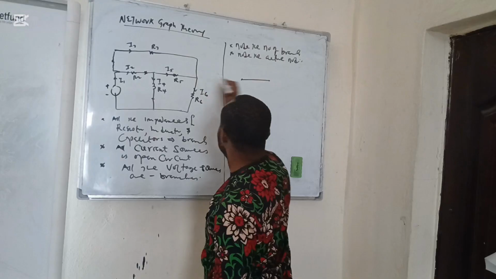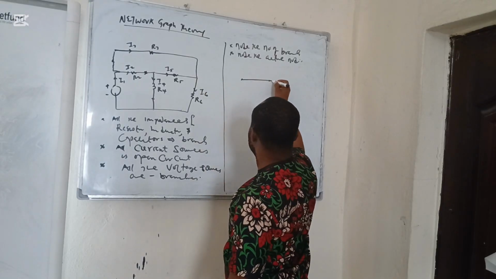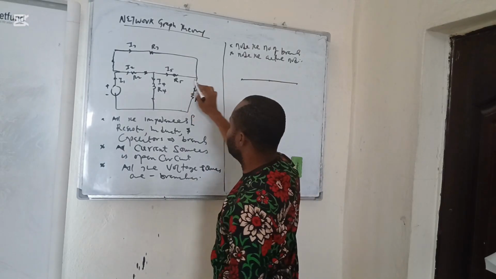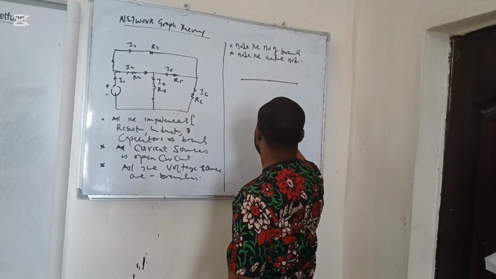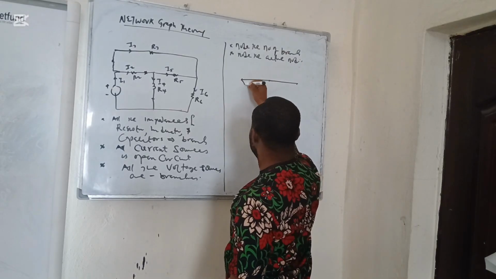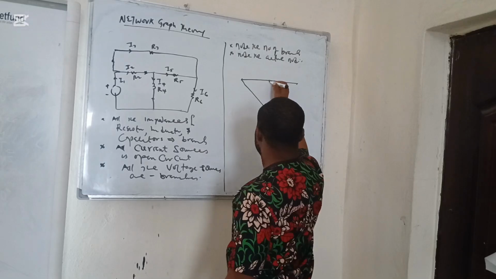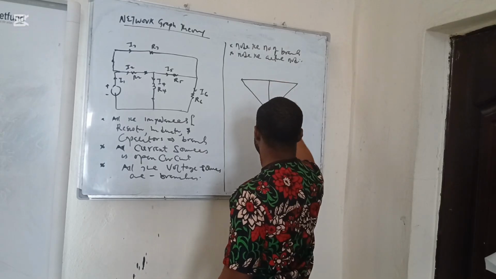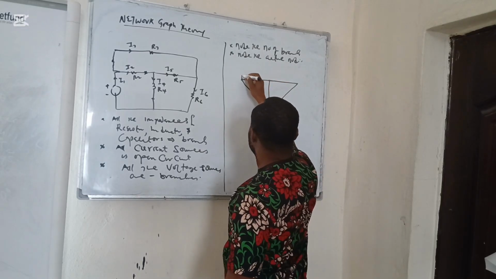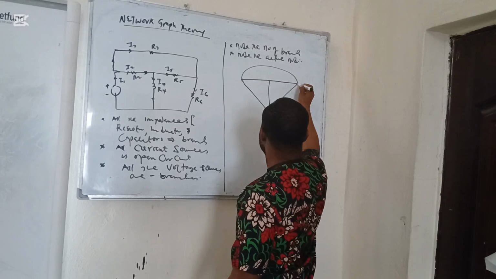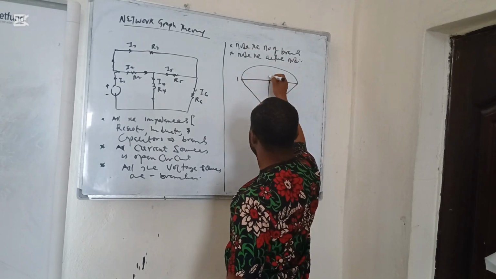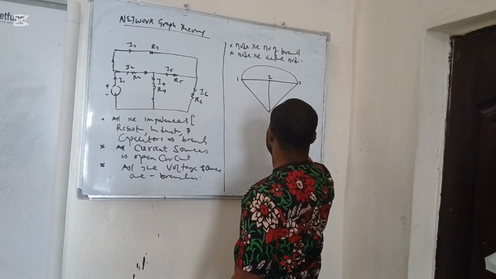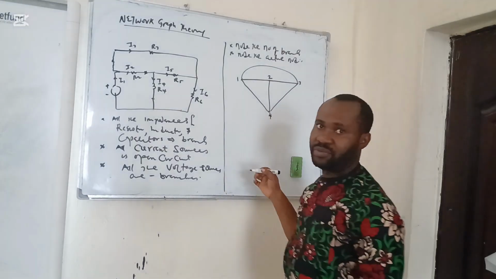Between here and here is a branch. You also have between here and here, it's also a branch. We have a node here, so we can actually join this. Can join this. Can join this. And also extend this. This will give us 1, 2, 3, 4 nodes.